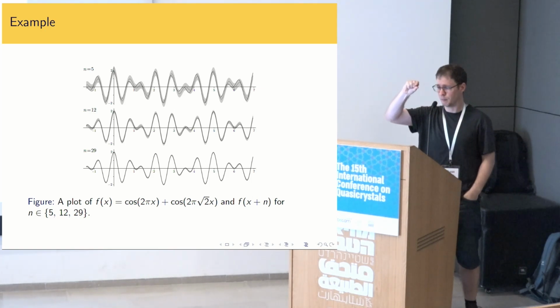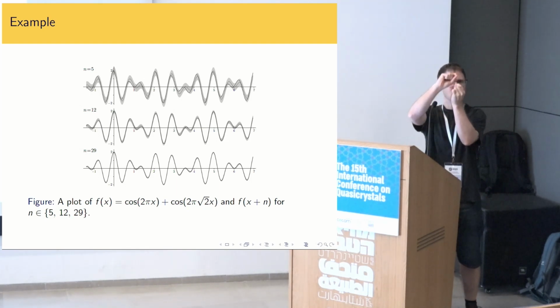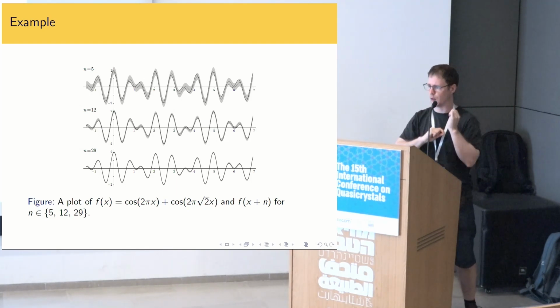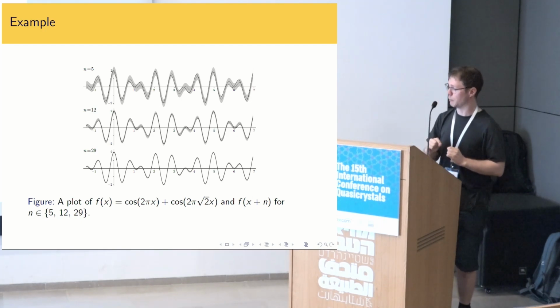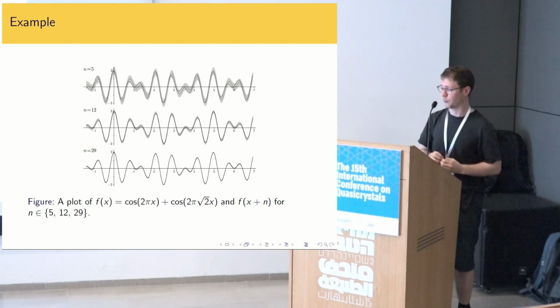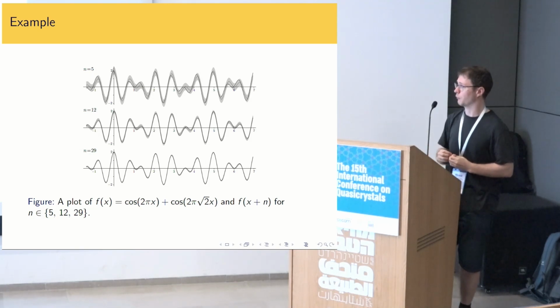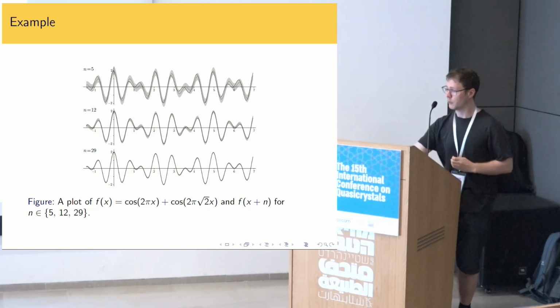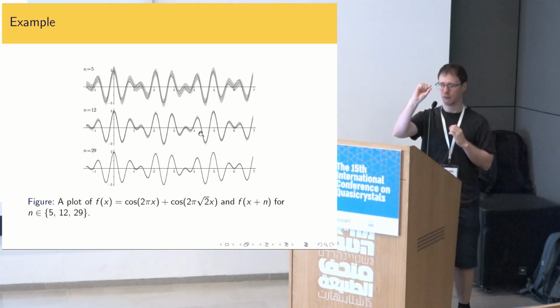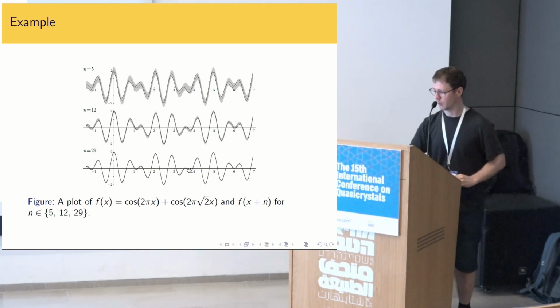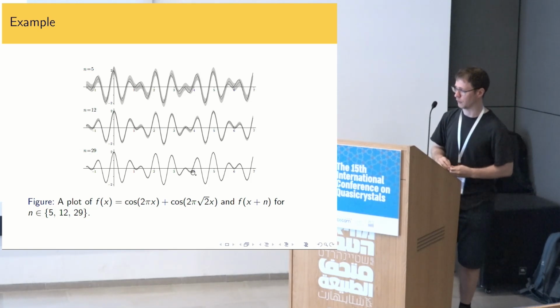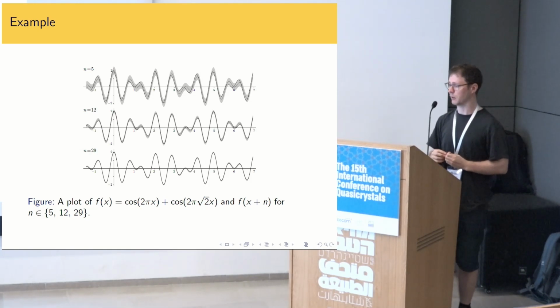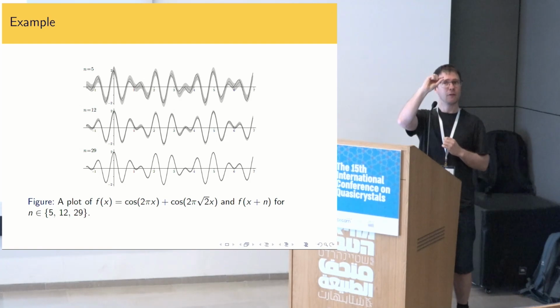It's not perfectly the same as f, but at every x, it is very close. It is always inside the slope. And we can do even better. If we consider f of x plus 12, this is the second line, then we can make the slope even smaller. And if we take n equals 29, so f of x plus 29, we can make the slope even thinner.